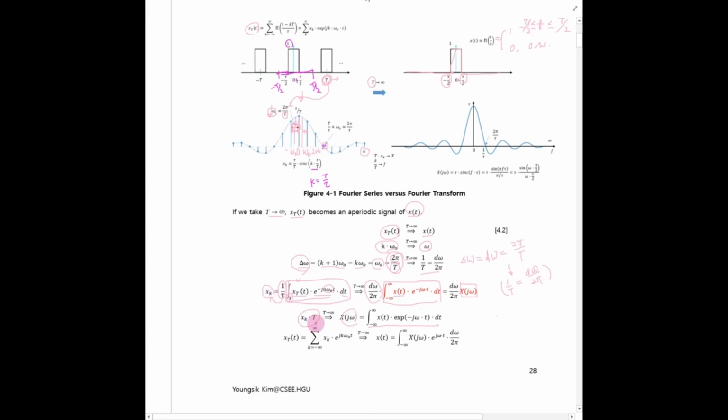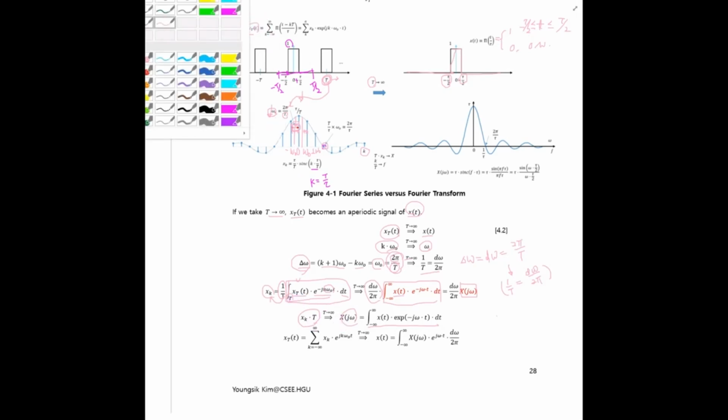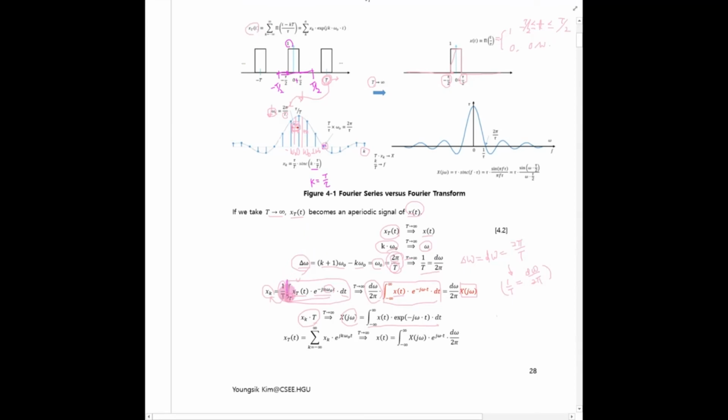Then, as T goes to infinity, this part corresponds to this one. That is called the Fourier transform of x(t). This is called the Fourier transform.